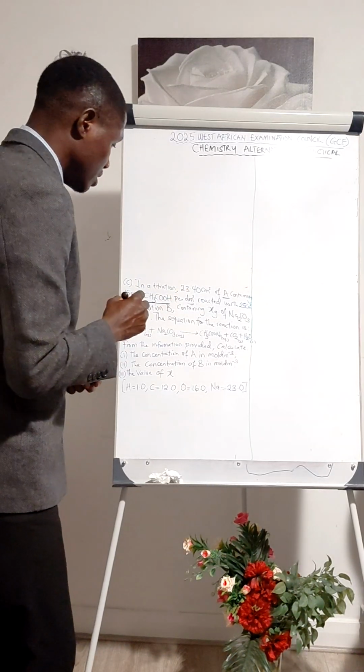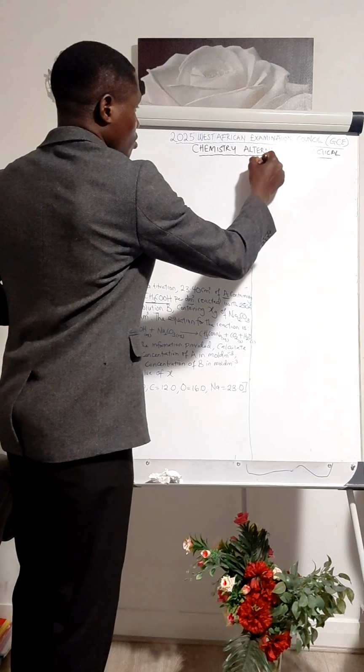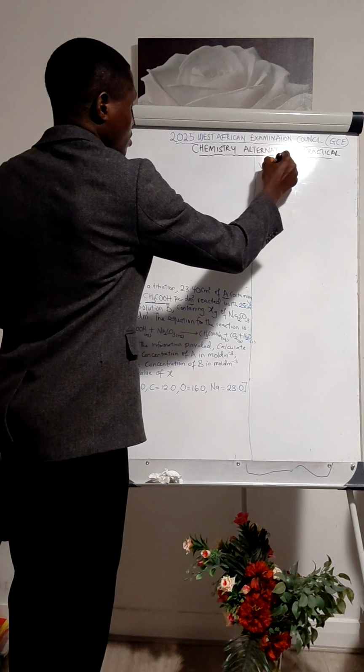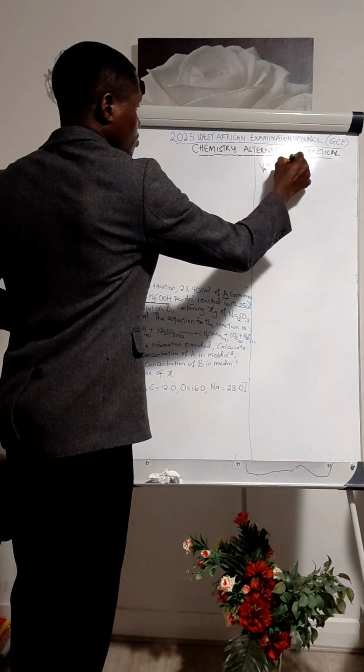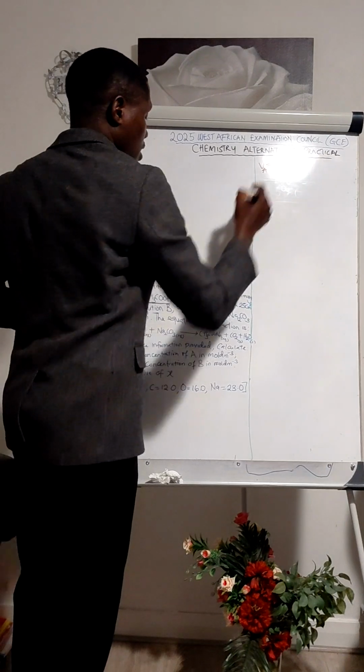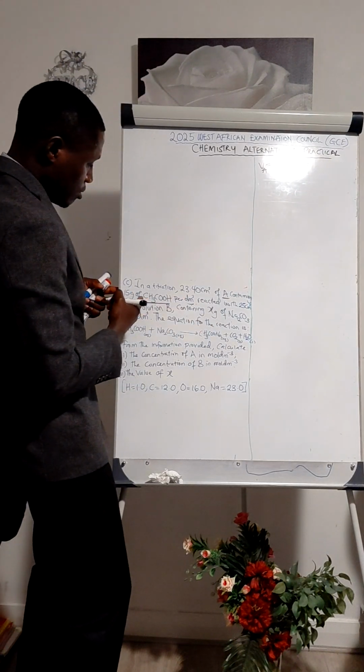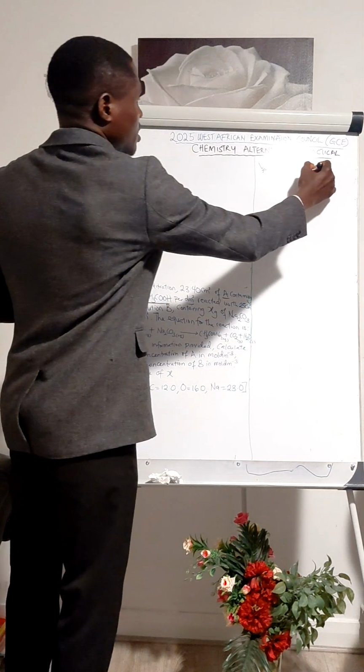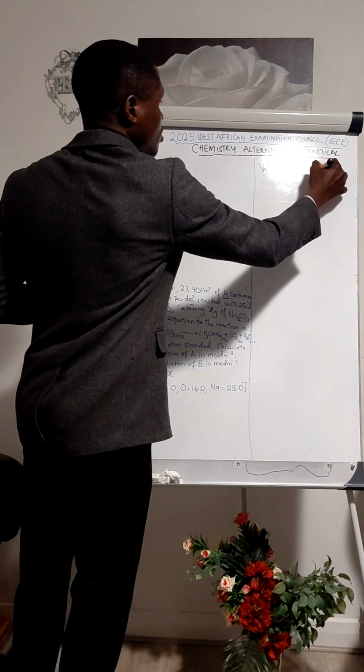So there's a statement that is very important here. We have the volume of A, always write it out: 23.4 centimeter cube. And because it said 15 gram per dm cube, this is automatically called mass concentration.